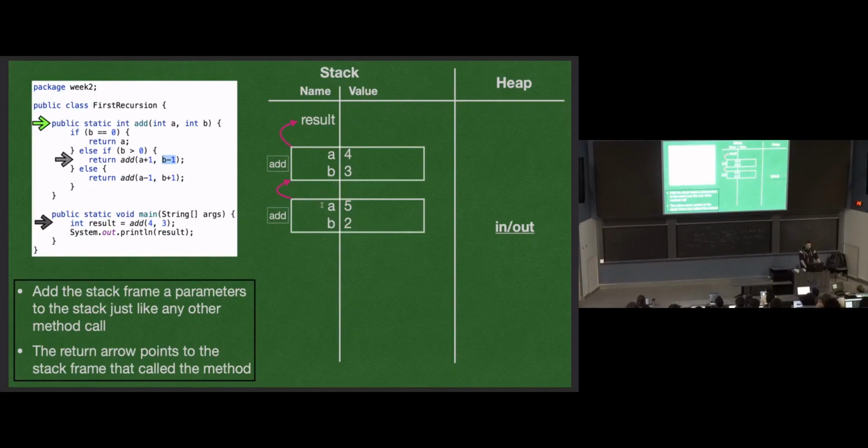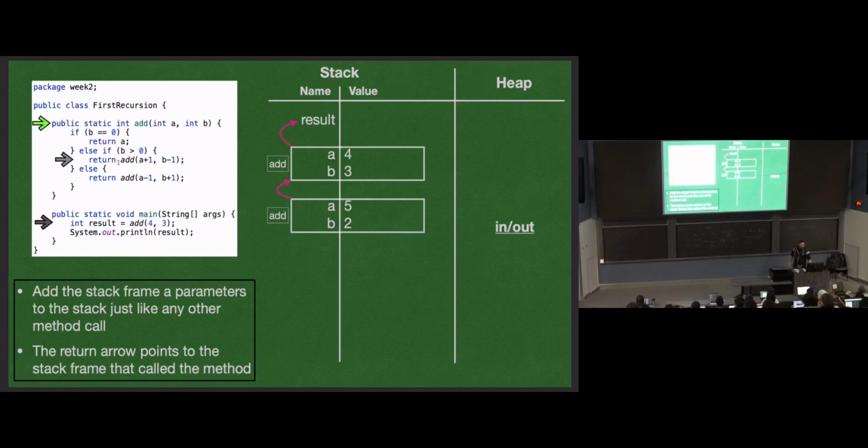And then when we create the new stack frame, it gets the new arguments that we just evaluated as its parameters. So the A and B in this stack frame are going to be 5 and 2 because that's what they evaluated to when we called the method. So we hit a method call, we put another stack frame on the stack, we got the parameters assigned to the arguments, we got the name of the method, and the new thing is the return arrow.